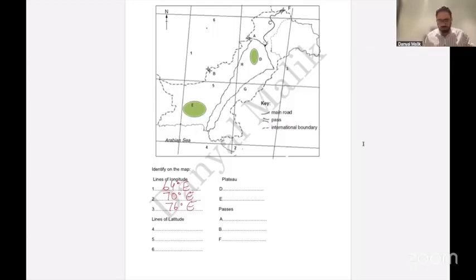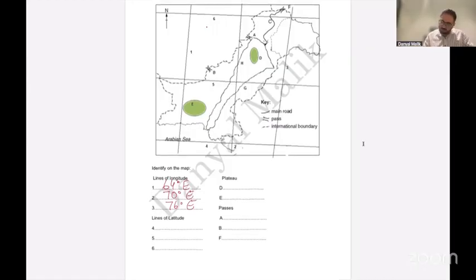Then, in lines of latitude, what do we have left? So number four is going to be 23.5 degrees north.